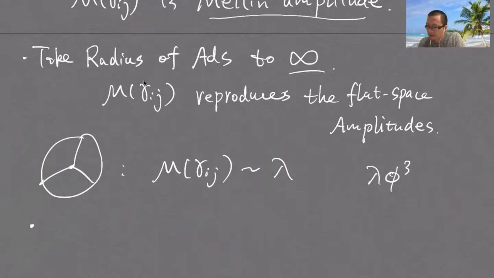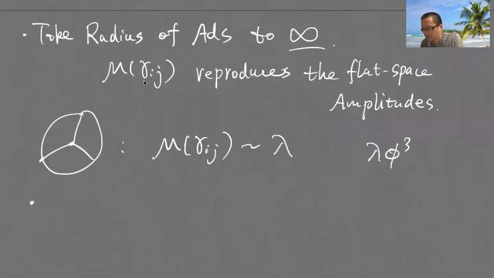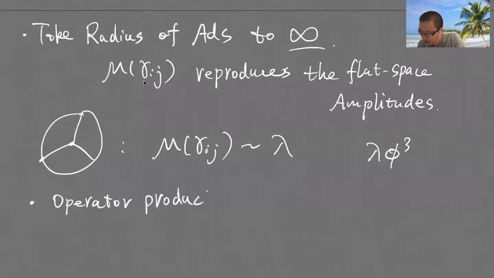Another reason for factoring out the gamma function is that in conformal field theory, there is the so-called operator product expansion, or OPE.